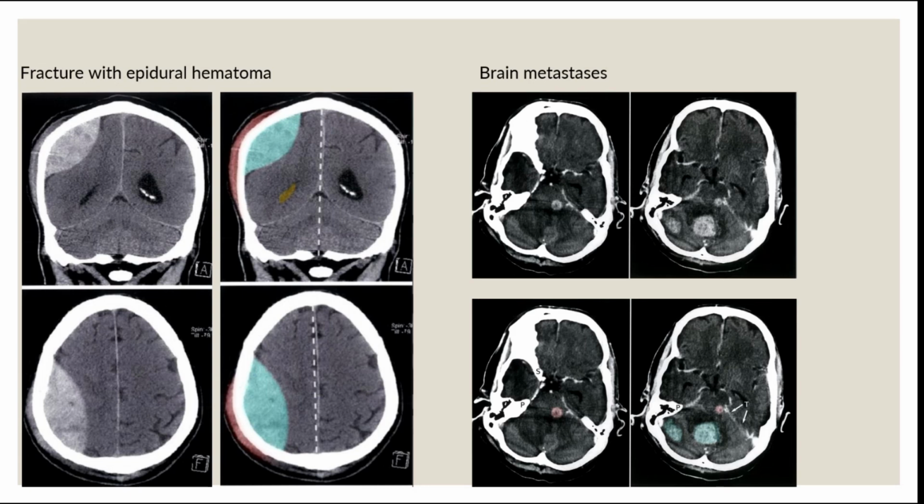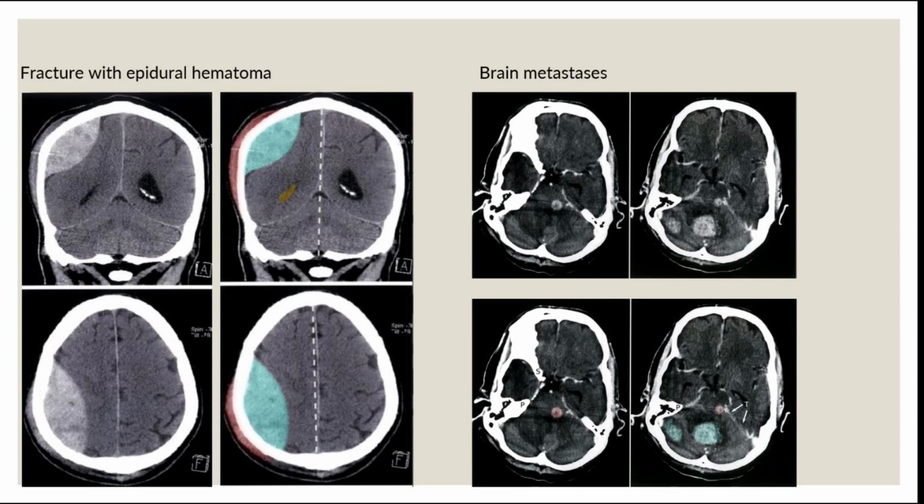The second one, we can see brain metastasis. These are the blue and green ones. There's also one I didn't add, a brain tumor, schwannoma, and it will appear as an ice cream cone. This one is also easy to recognize.